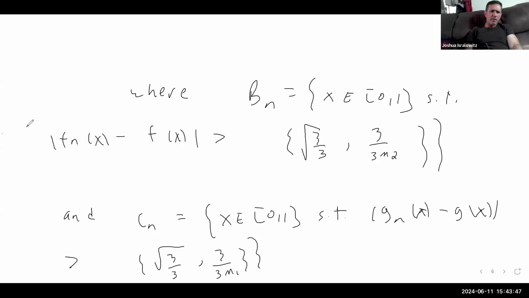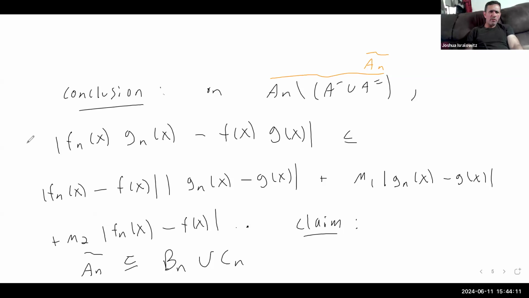Okay, so if we're away from this, then this is less than or equal to the minimum of these two, so it's less than or equal to both of them. So in particular, this and this are less than or equal to square root of eta over 3. So let's see what happens. This is less than or equal to eta over 3, this is less than or equal to eta over 3 square root.